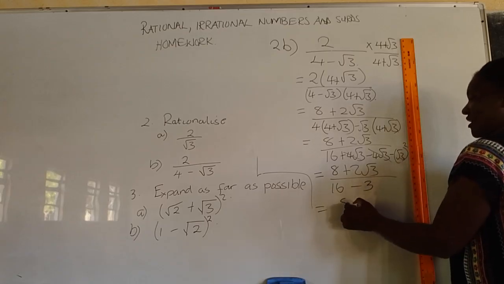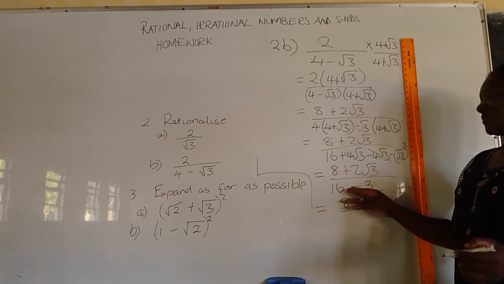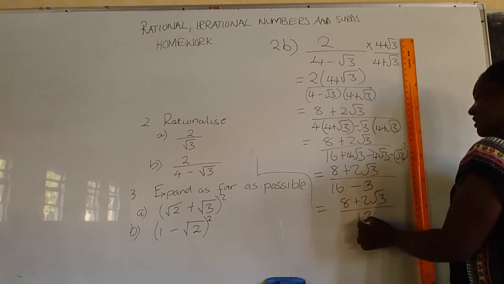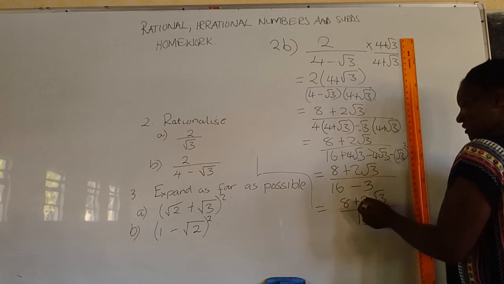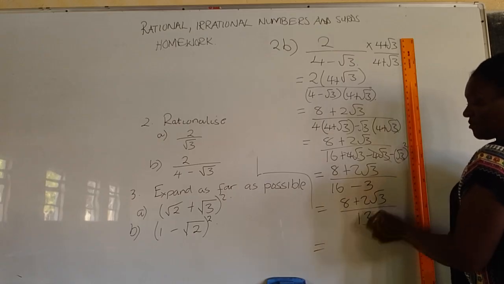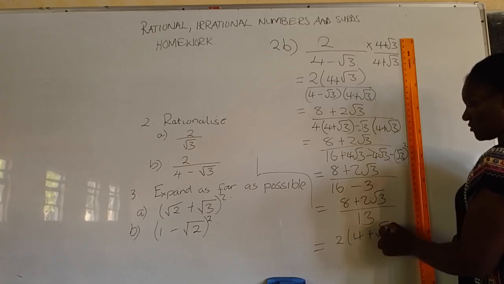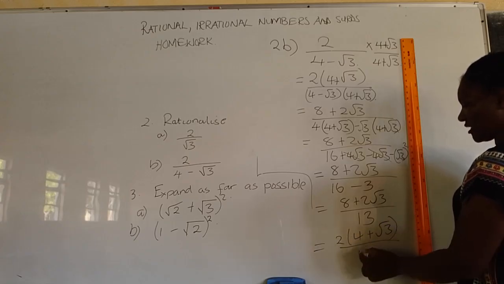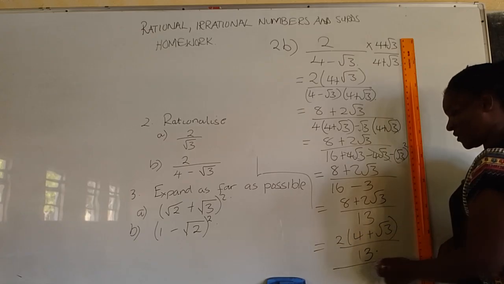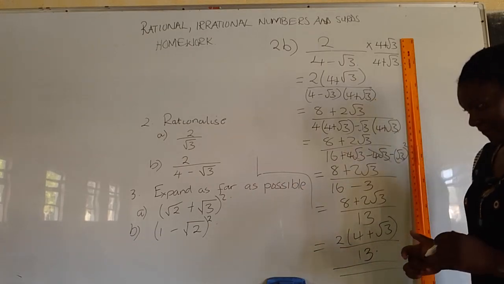So we have 8 plus 2 root 3 over 16 minus 3, 13. So we can leave it like this or factorize the numerator. So 2, 4 plus root 3 over 13. So we've rationalized that fraction.